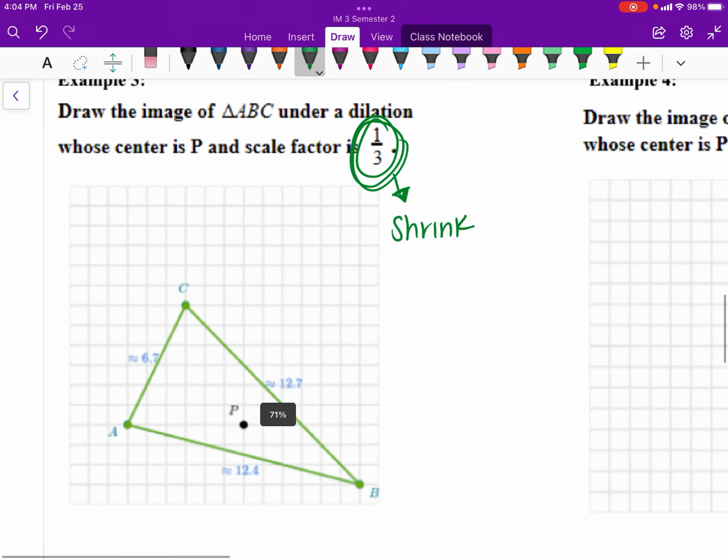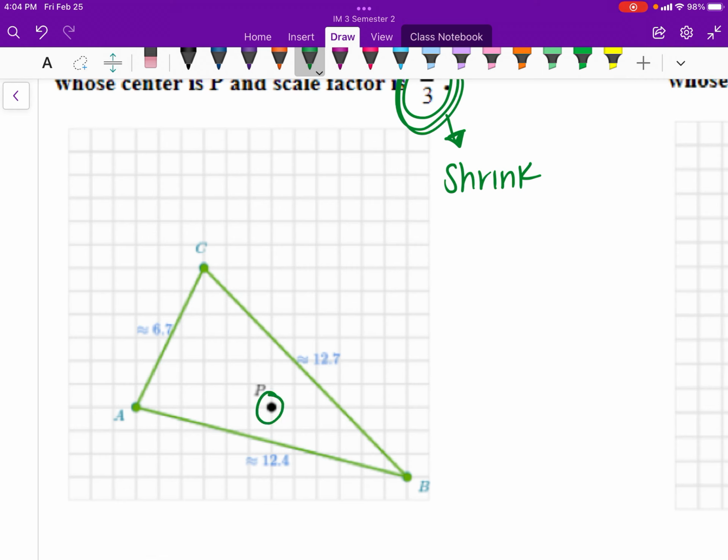It is also telling us that point P represents the center. So in order to locate the new shape, we want to count the distance from each of the 3 points, A, B, and C, to P. Whatever we get, we multiply it by our scale factor.